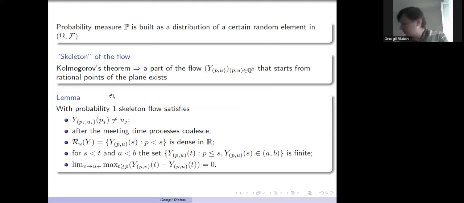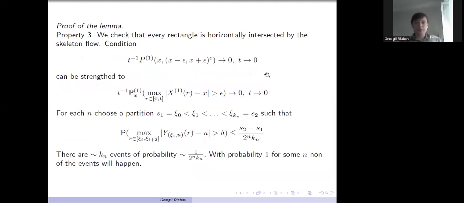Okay, so now let's check this lemma. We already discussed conditions 1 and 2. So what about property 3? This property is a consequence of our assumption on one-point motions. In fact, this condition can be strengthened to the following.